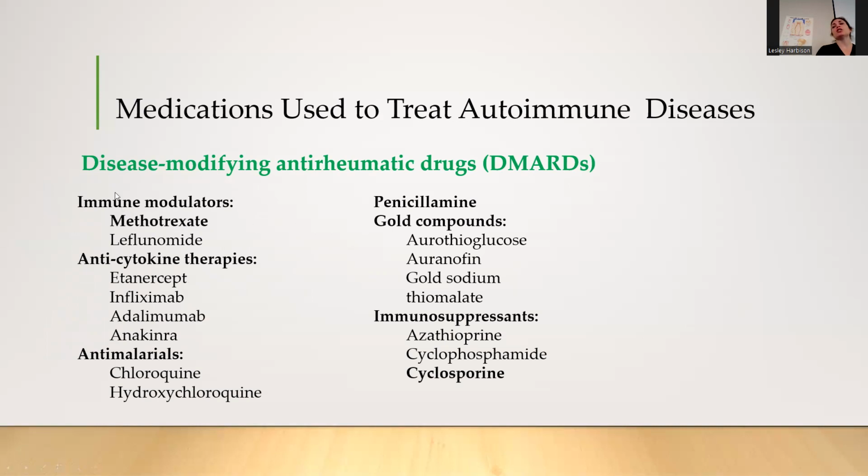Immune modulators. So this is one category, immune modulators: methotrexate, anti-cytokine therapies here. Anti-malarials, chloroquine or hydroxychloroquine, and then penicillamine or gold compounds, and then immunosuppressants, which we hear a lot about, cyclosporin being a major one.